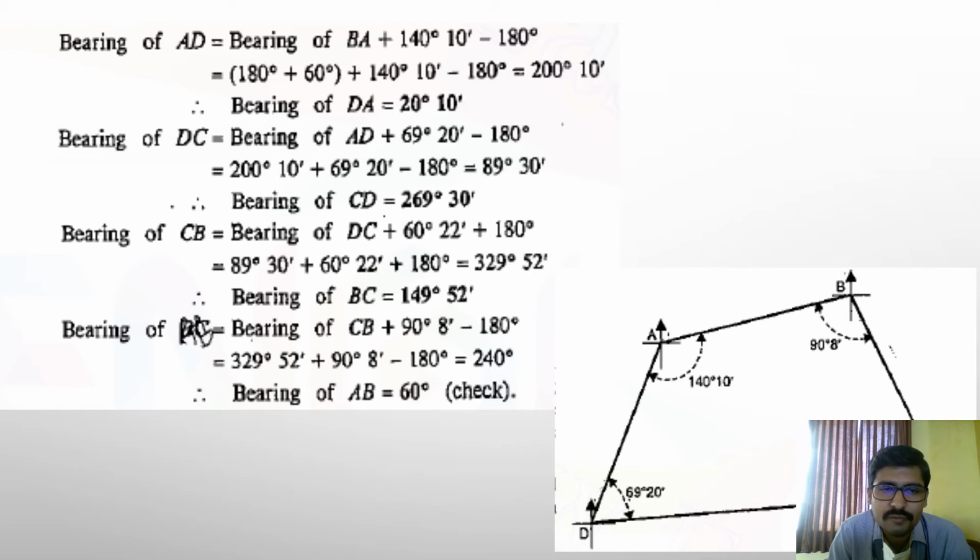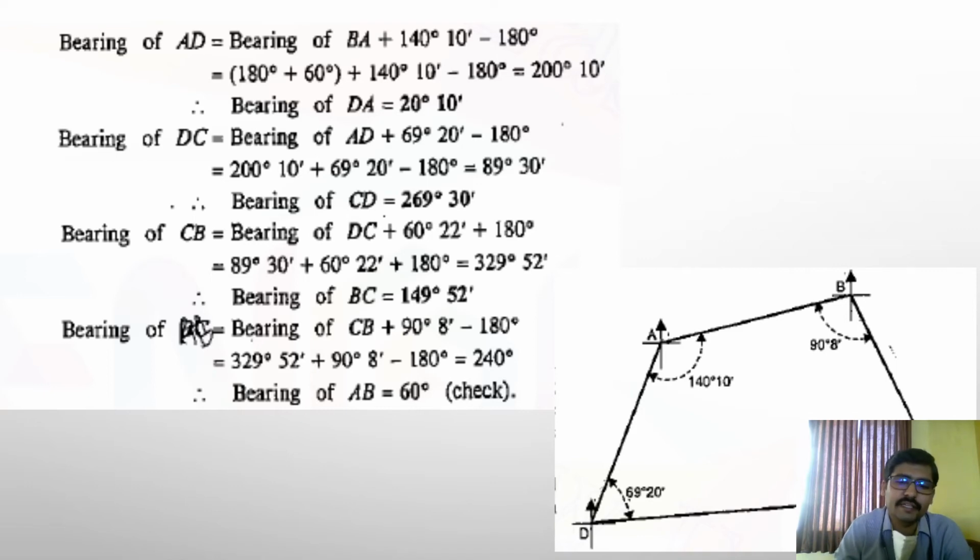You continue the problem and write that the fore bearing of line AB is 60 degrees, because to calculate bearings of all the lines, at least one bearing is required and all the interior angles are required, right? So bearing of line AB is given as 60 degrees. For the bearing of the next line, I need to use the bearing of the other line which is given, plus or minus the interior angle.